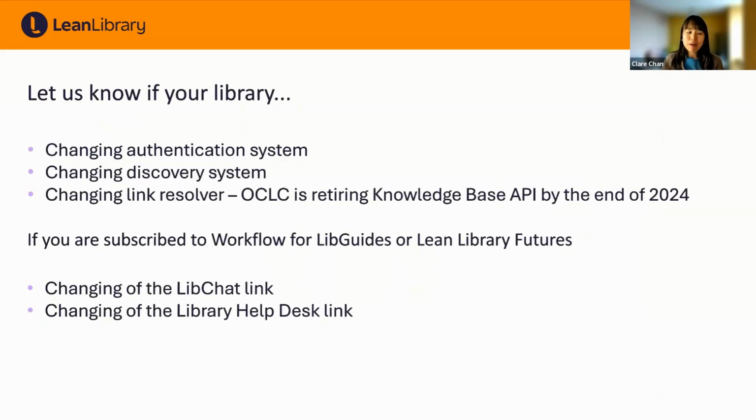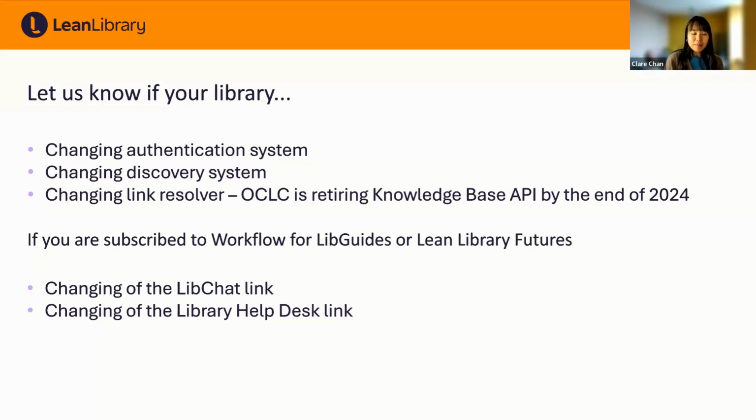So just to wrap up, as I mentioned, if you have any change of system, maybe a change of authentication system, it could be that you're moving from proxy to Open Athens, or you're adding Open Athens to your authentication system. Things like that, do open a ticket and let us know, because then we can advise you from there and make sure that everything is up to date.